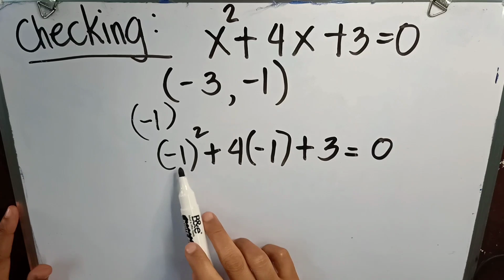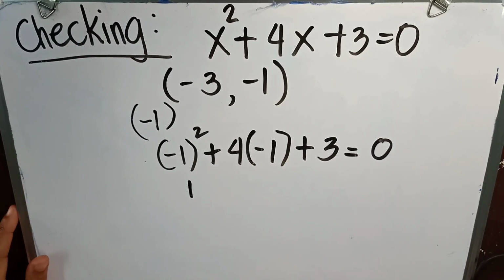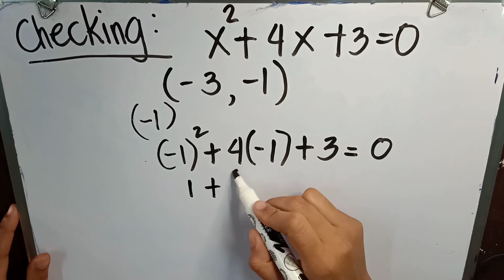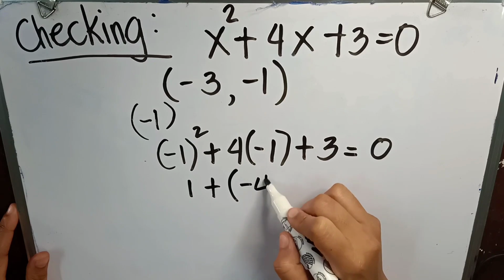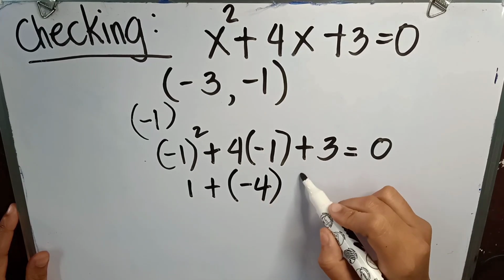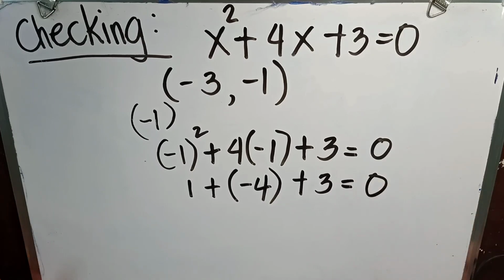Next, negative 1 times negative 1 is positive 1, plus 4 times negative 1, negative 4, plus 3 equals 0.